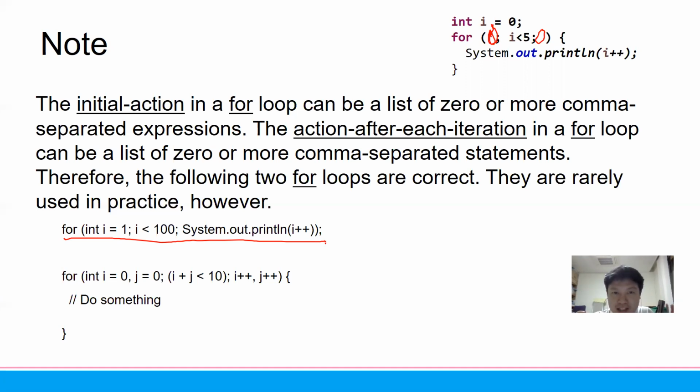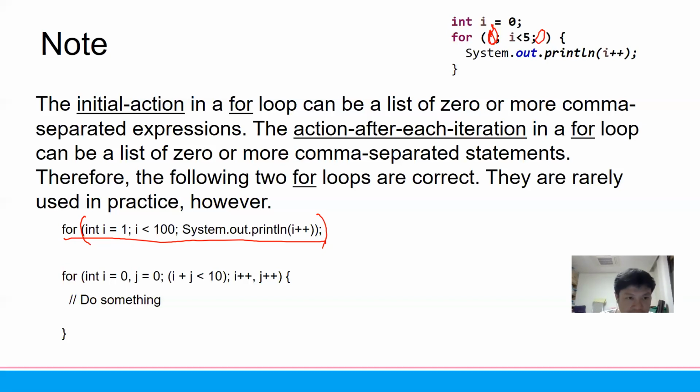So all those things are in the parentheses. i equals to 1, and then i is less than 100 is the condition, and then we will print System.out.println(i++). So this is the action after each iteration, because we don't have any other action. So the action is located in the action after each iteration. And that is fine with these statements.